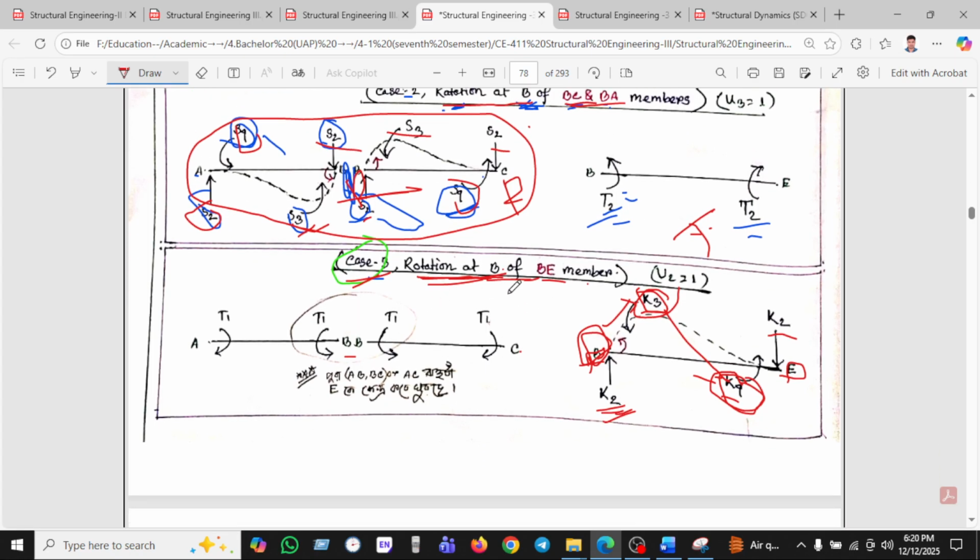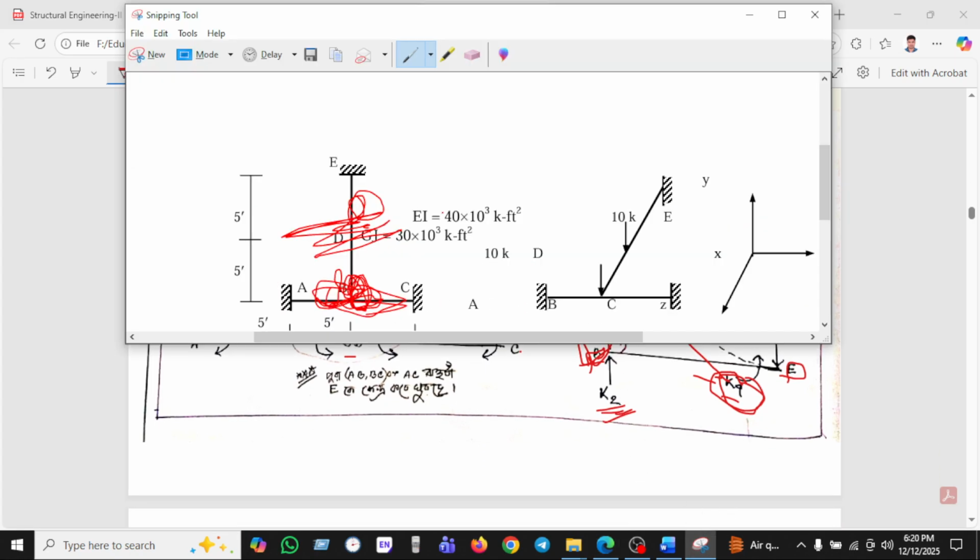When we are taking the rotation at the BE member, keep in mind this is B, this is E. If we are taking the rotation here, then AB and BC will be torsion, and this will be rotation.